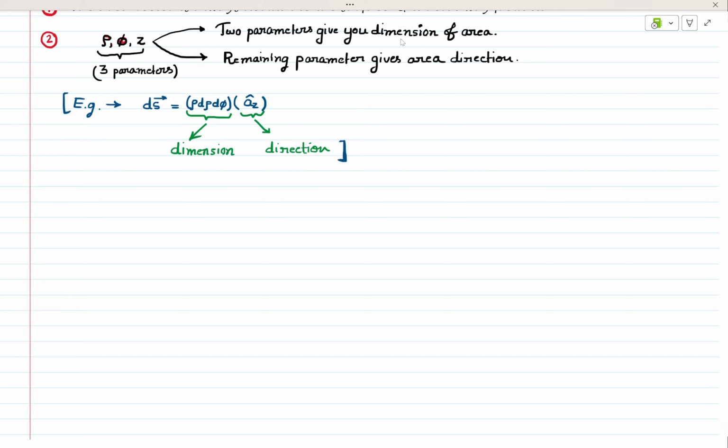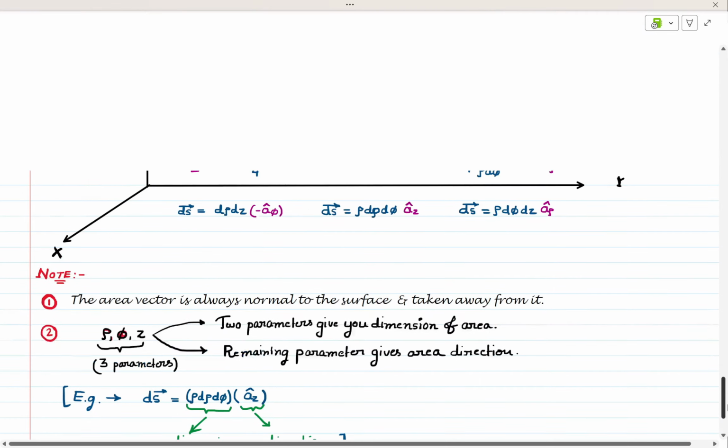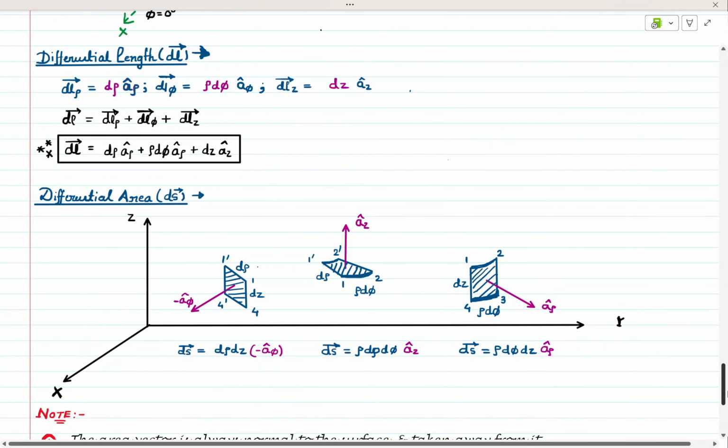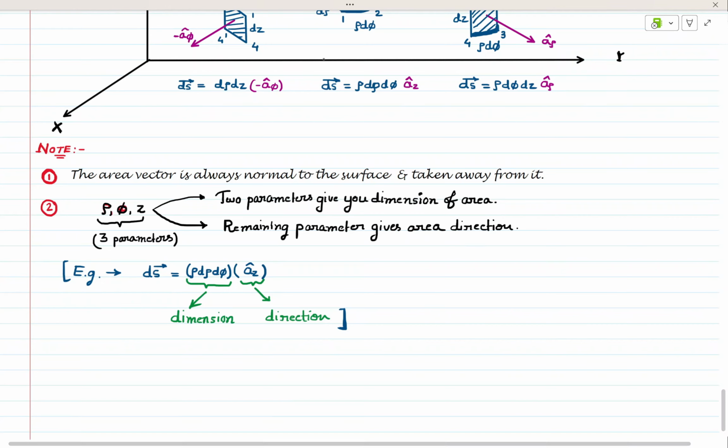Okay, so the last parameter, that is the differential volume, has been left over here, right? Because we have talked about the differential length and differential area. Now the last one is the differential volume.